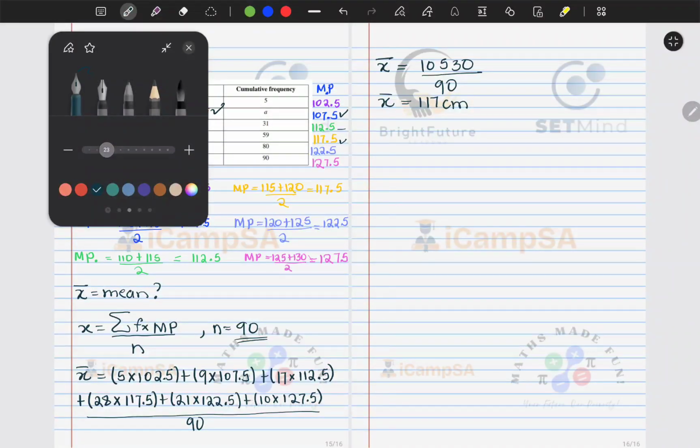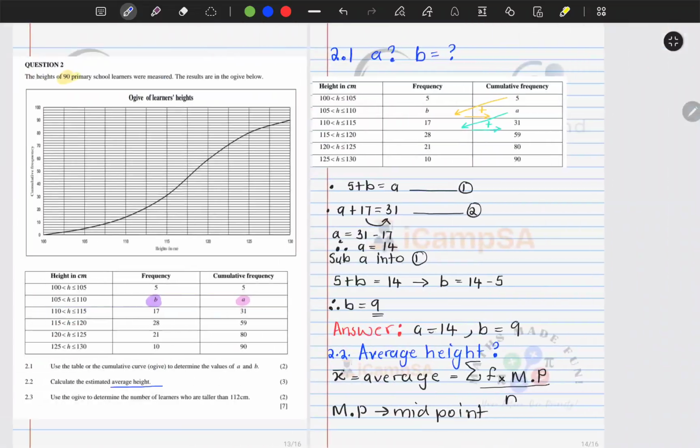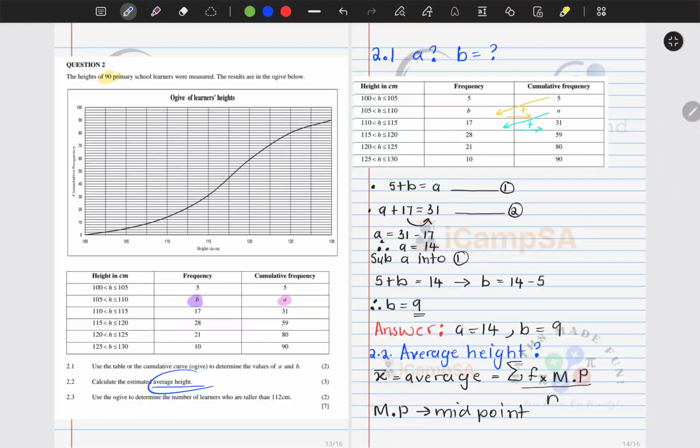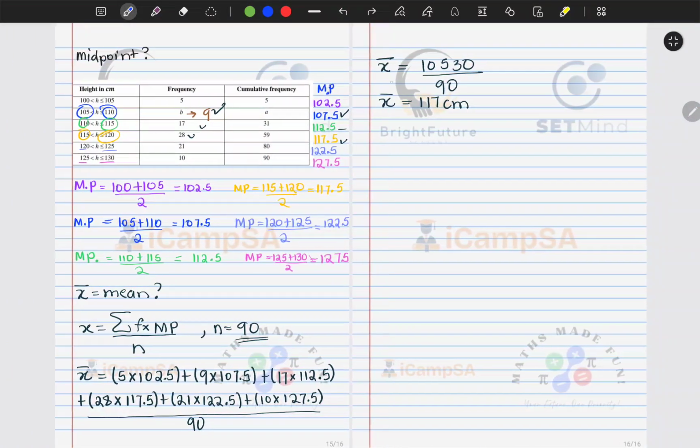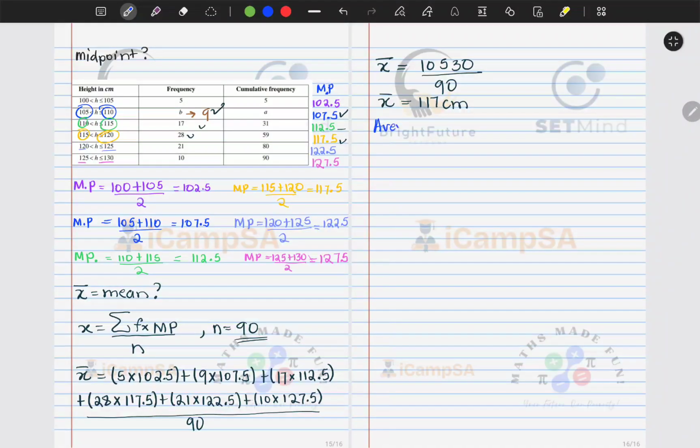So this means we can now provide our answer, because they ask us for the estimated average height. We can say our average height is approximately 117 centimeters.